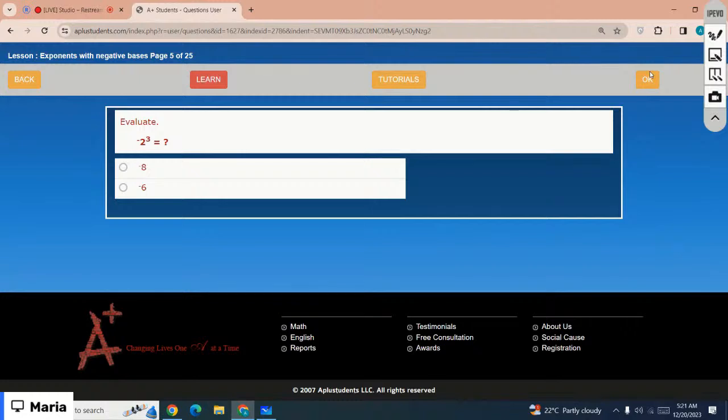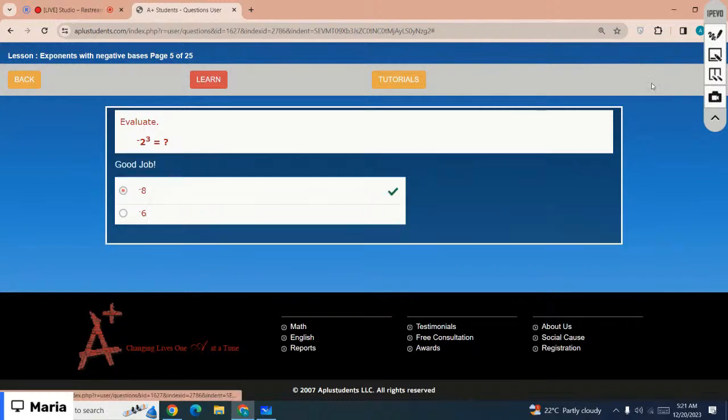You simply need to evaluate 2 exponent 3. So 2 exponent 3 equals 2 times 2 is 4 and 4 times 2 is 8. So that would be negative 8, right? The correct option is option number 1. That is negative 8, right?